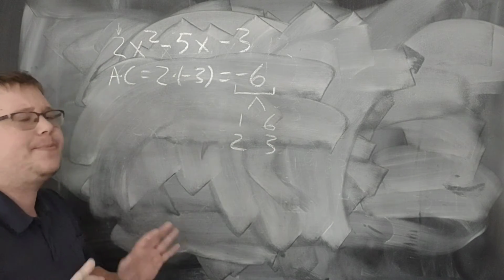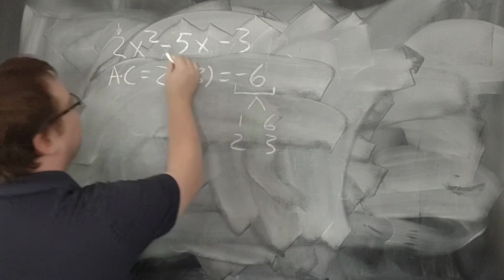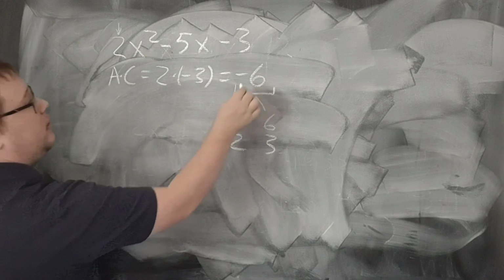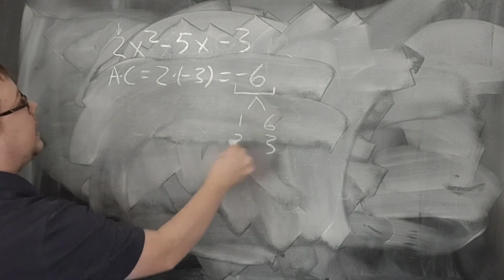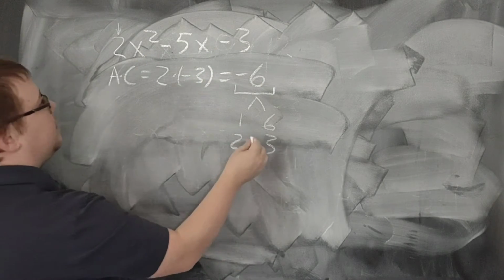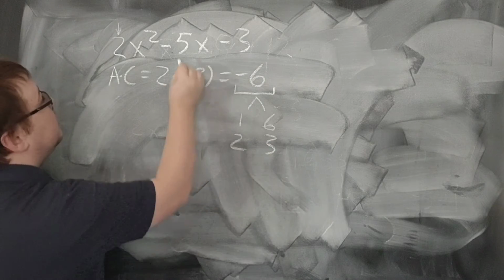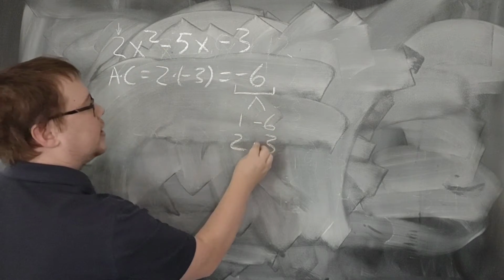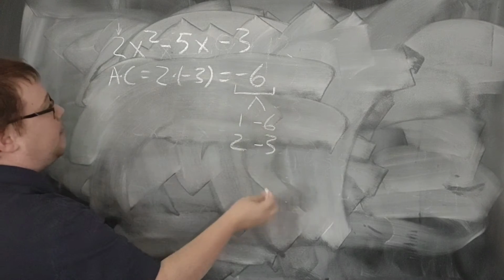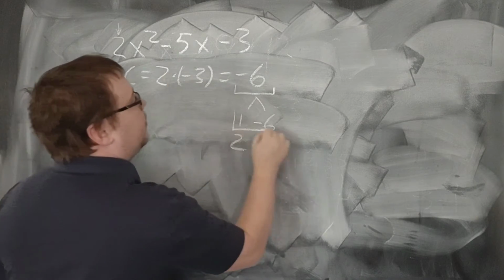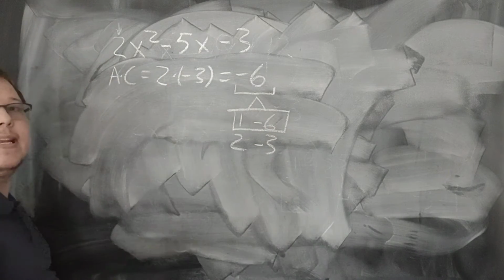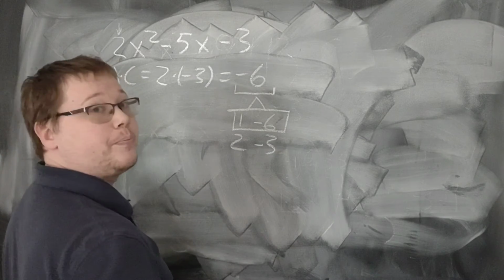And we use all the concepts we learned in basic factoring, because it has to be a negative, so one of them's negative. We're going to make the bigger number negative to make this negative. And then we add them up, and we want them to give you negative 5, so clearly 1 and negative 6 is our solution here.